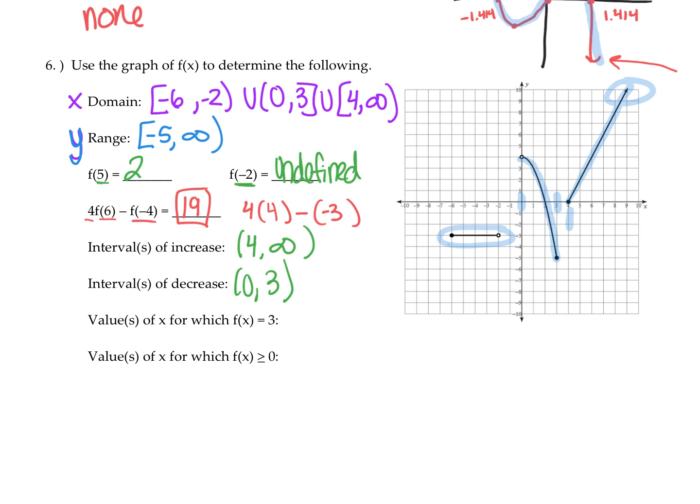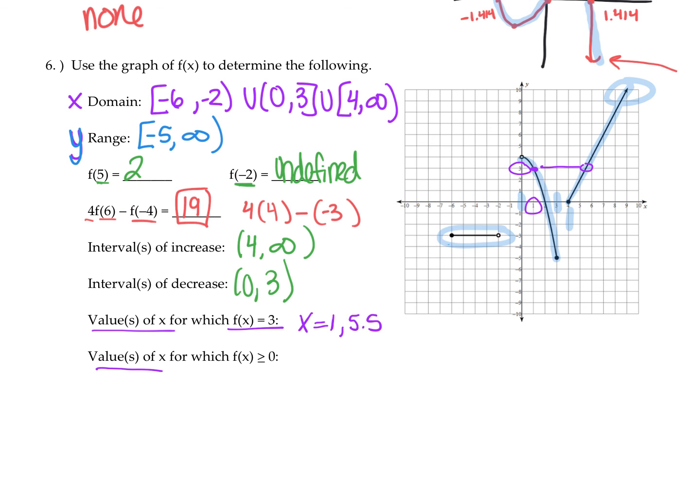The last part says, what is the value of x when f of x equals 3? So I'm going to go to where f of x equals 3, which is right here. And the point is right there. So x equals 1, as well as if I keep going over here, it's about 5.5.